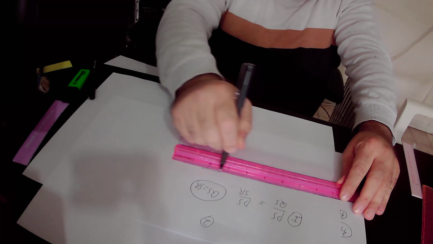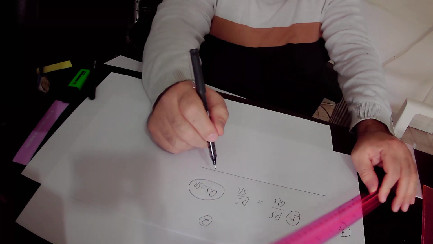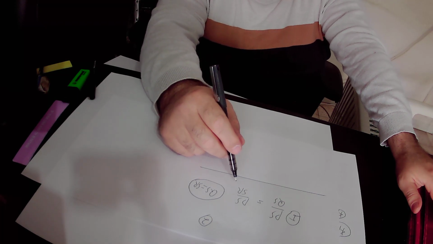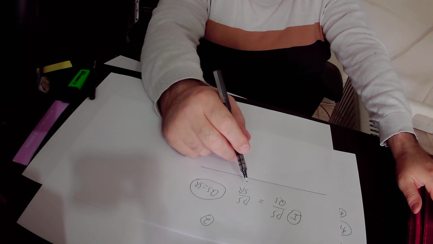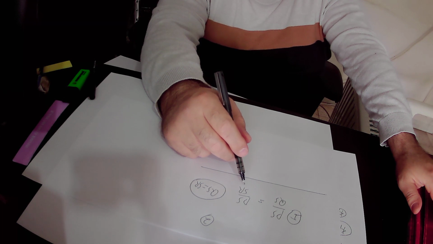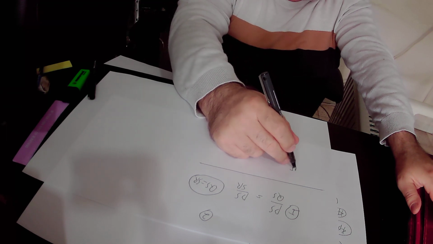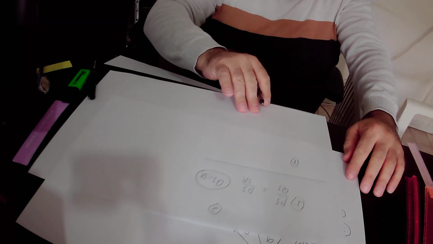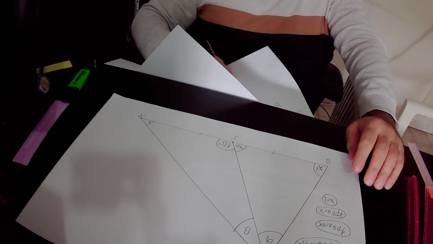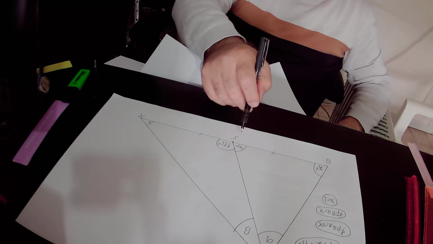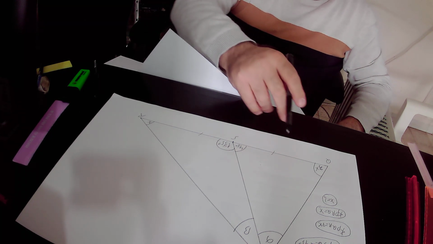But according to the formula that we found, that the ratio between the side lengths of the triangle is equal to the ratio of the opposite angles, if we focus on triangle PQS, PS over QS will be equal to sine 3x over sine alpha.